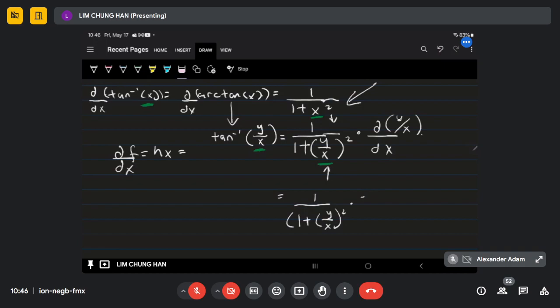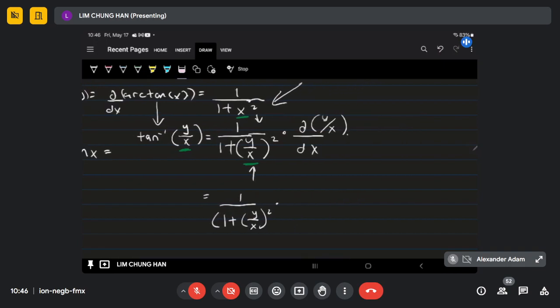Let's take this out and do it separately. How do you differentiate y over x when y is a constant? Okay, wait. You can rewrite this in terms of d over dx of y, and you can bring the x up, so it becomes y x to the minus 1.